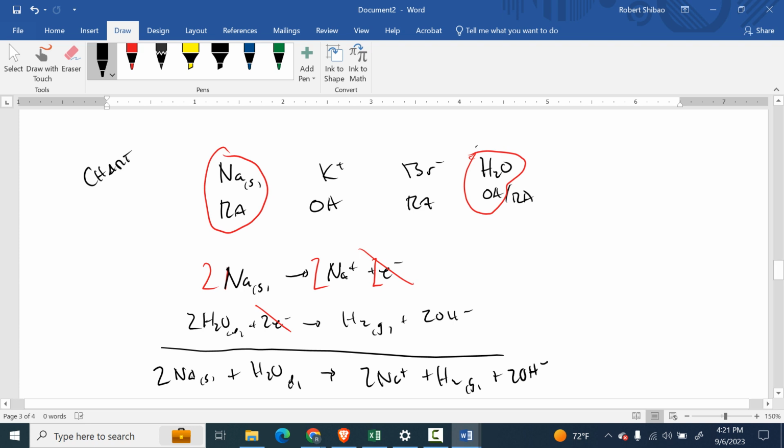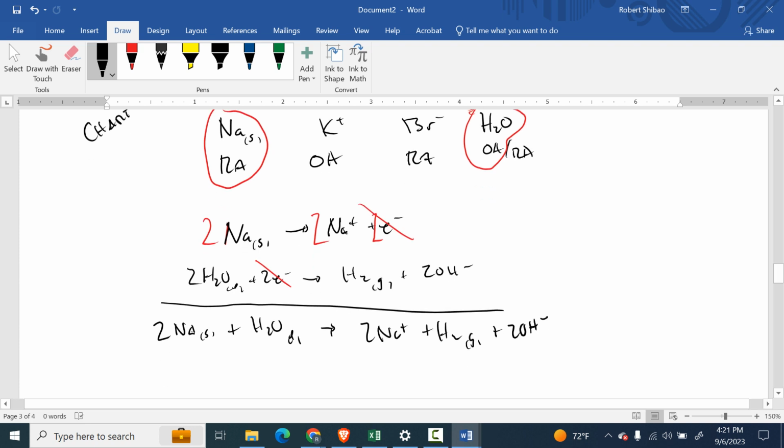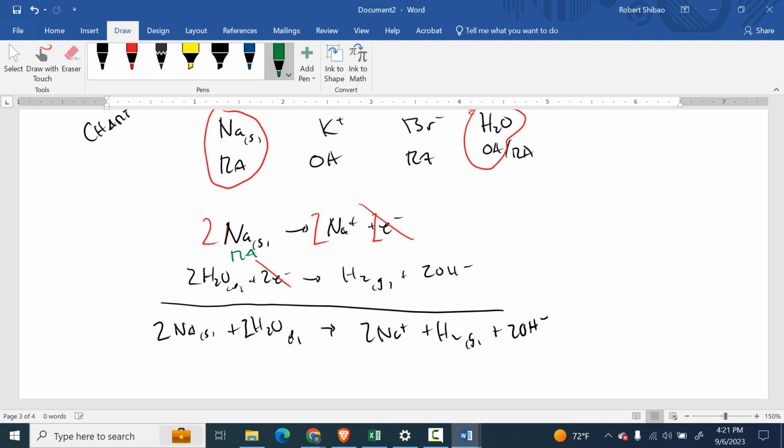So this is the most probable reaction, but we don't know if it's going to occur. What we need to do is look for the driving force. As far as the driving force, sodium's our reducing agent, and therefore sodium ion will be our conjugate oxidizing agent. And then water is our oxidizing agent, and therefore hydrogen and hydroxide will be our reducing agent.